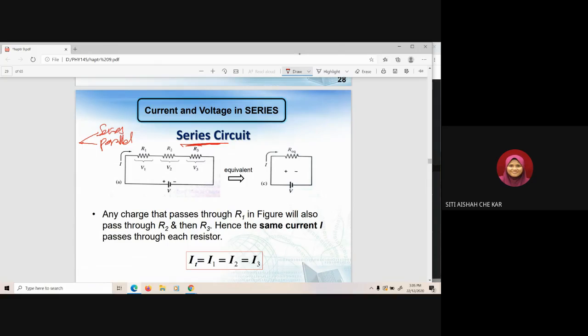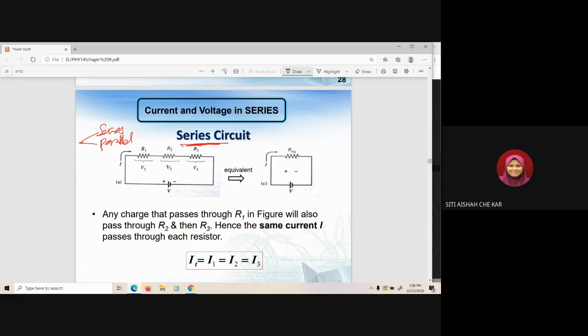Okay, so how do you know this is series or parallel? It's based on the position of the load. For example, here we can see R1, R2 and R3. You put them side by side. So R1 is connected to R2 and R3 is connected to R2.